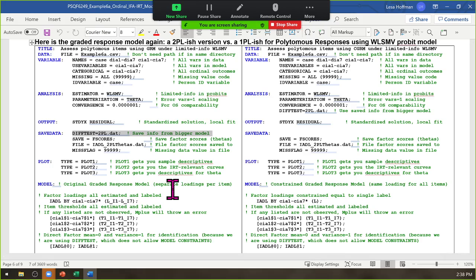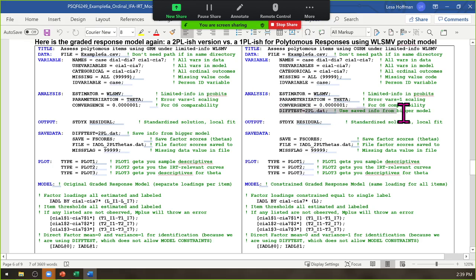So it ends in a .dat extension, but you can name it whatever you want. And we just learned earlier today that if you put the path to where that file is, Mplus does not throw an error message, at least for some of you. So we're running the model with separate slopes. It is saving information about this model to be used in conducting a model comparison for us.